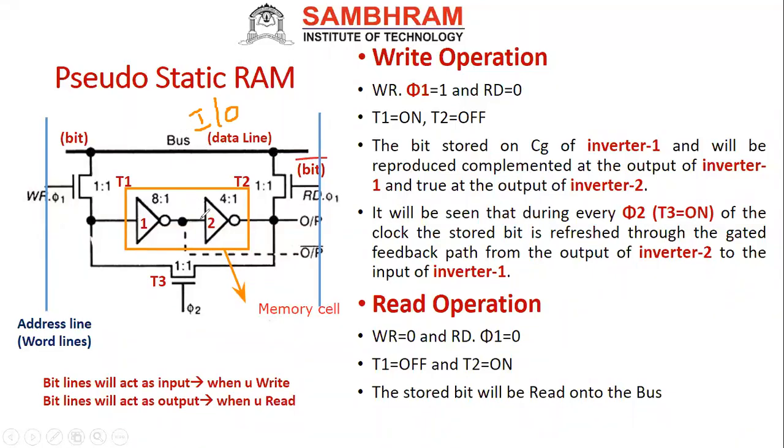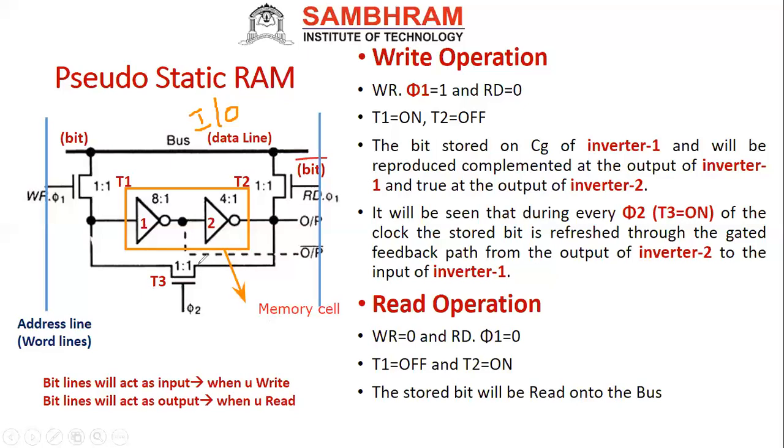These data lines act as an input when you are writing, when your write signal is high. When you are going to read the data, the same data line becomes an output line. That is why the same bus is given for input and output also. It depends on the operation we are performing.